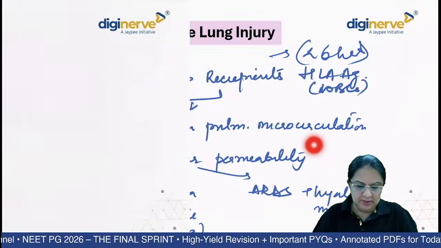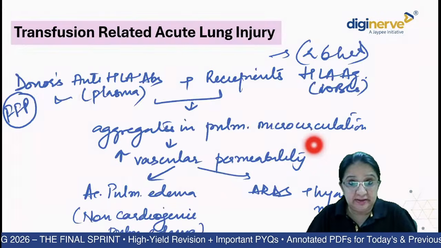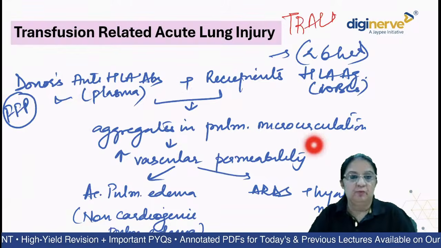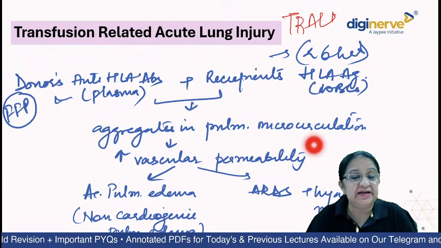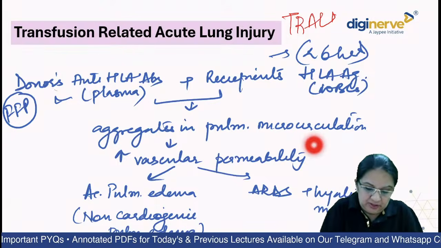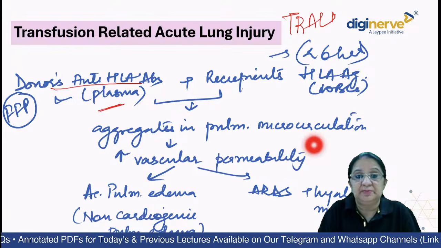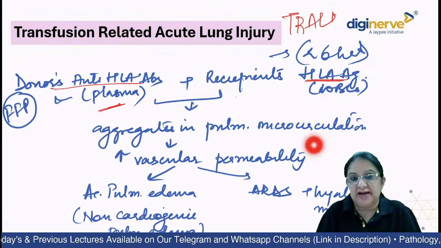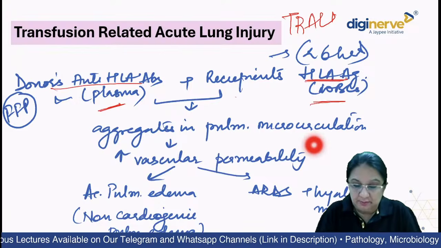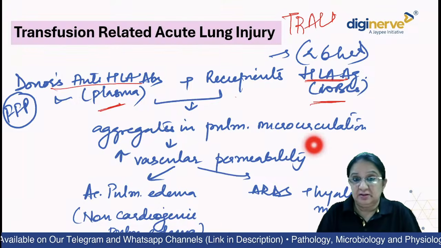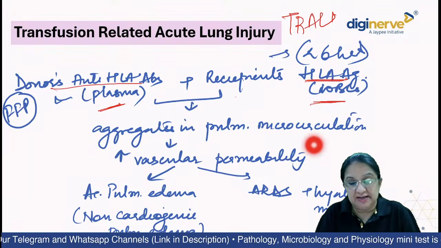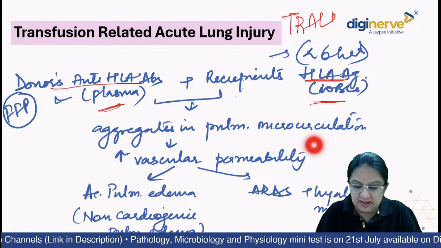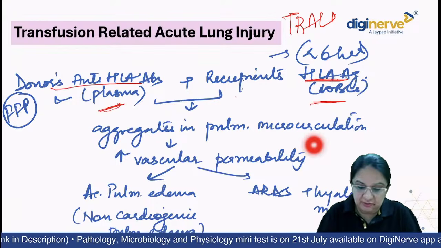Right? Now, coming to transfusion-related acute lung injury, famously called TRALI. What happens here? The donor's anti-HLA antibodies in the plasma react with the recipient's HLA antigens present on the WBCs.